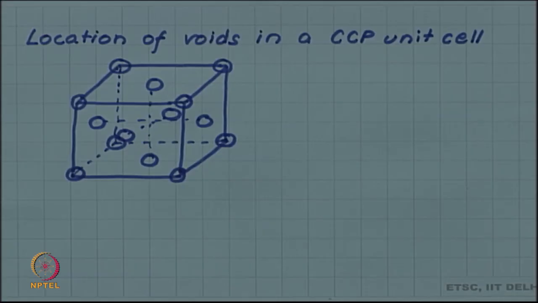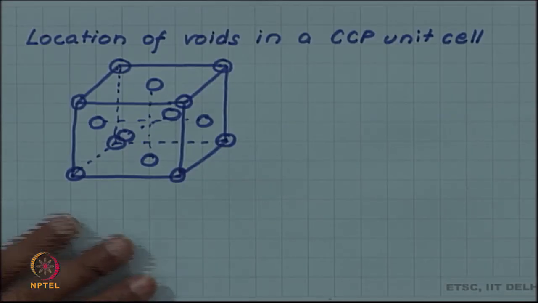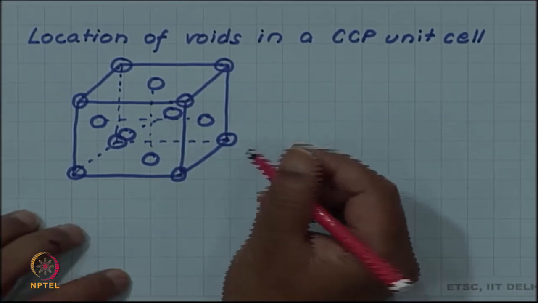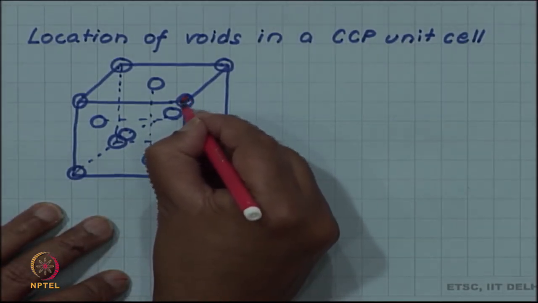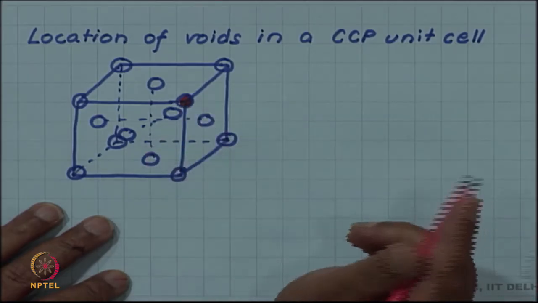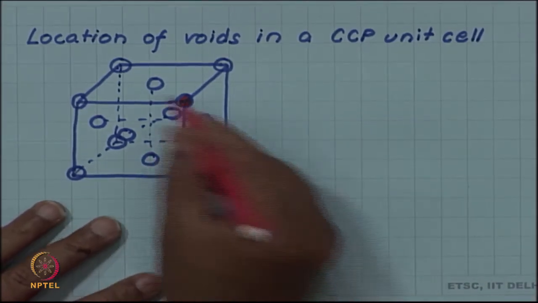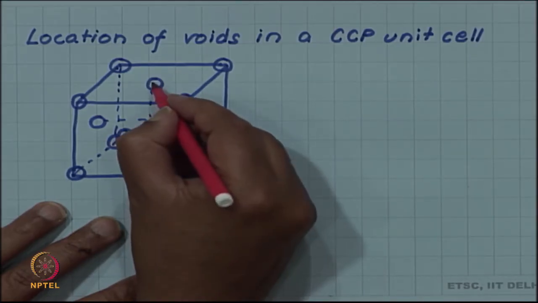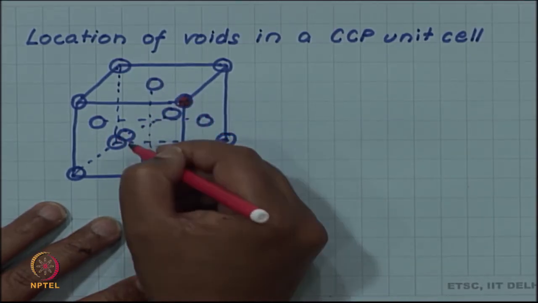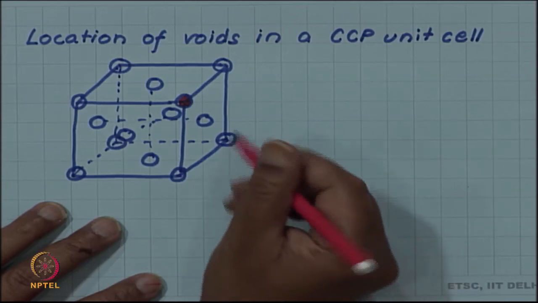Now, let us locate the tetrahedral void. Let us look at one corner, and at every corner three faces meet. So, in this corner the top face, the right face and the front face are meeting.